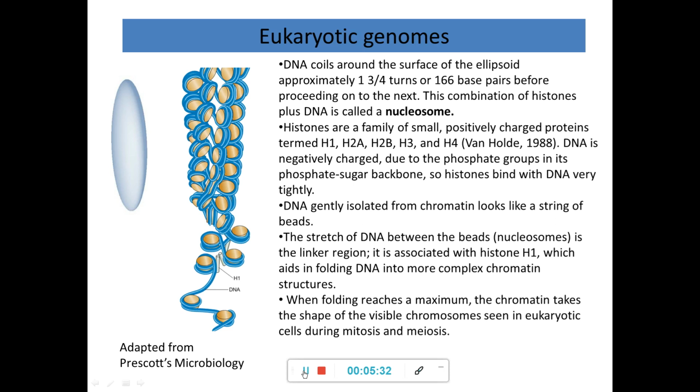This combination of histone plus DNA is called the nucleosome. Further on, when the folding of these nucleosome molecules reaches a particular maximum level, the chromatin takes the shape of a visible chromosome seen in eukaryotic cells during mitosis and meiosis.